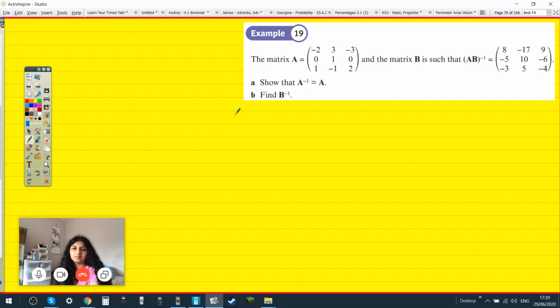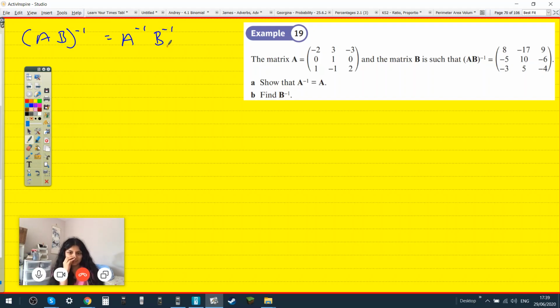Well, since you know what the inverse of A is, you could just divide the inverse of AB by A inverse, and that would give you B inverse. Is that right? I think so. Let's see. The inverse of A times B is the inverse of A times the inverse of B. So they give us this.